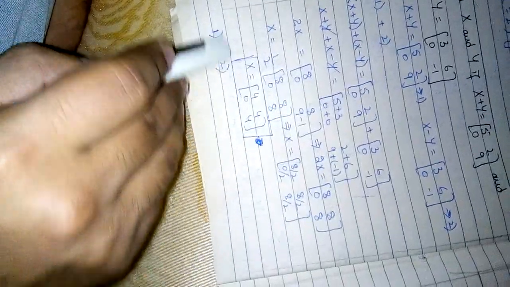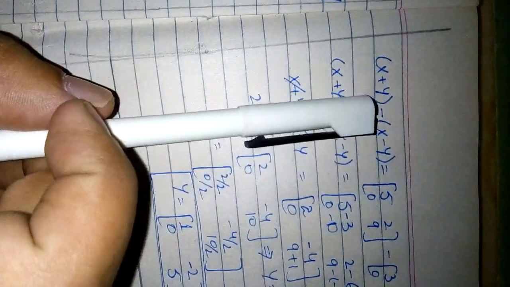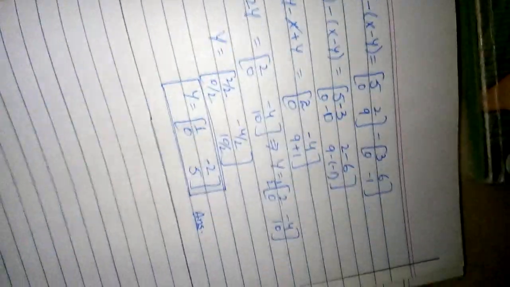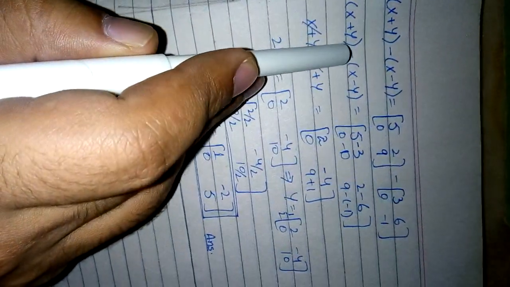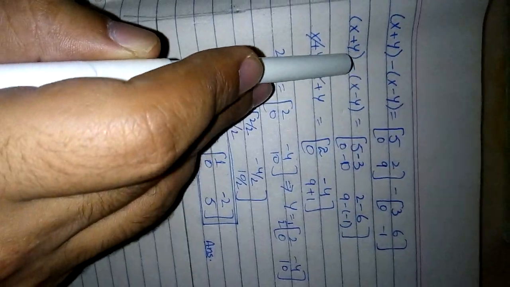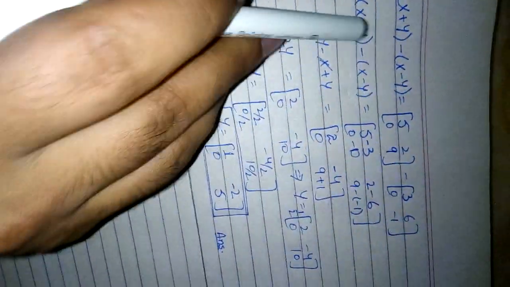And if we subtract equation 2 from equation 1, what will we get? x plus y minus x minus y, matrix first and matrix second. Now if you look here, this negative sign will change the sign inside the brackets, because this minus will be multiplied with the positive sign and the negative sign.